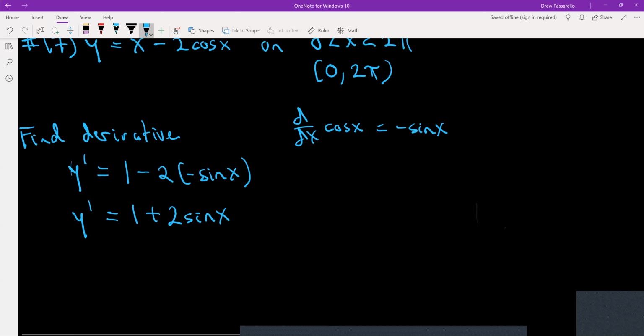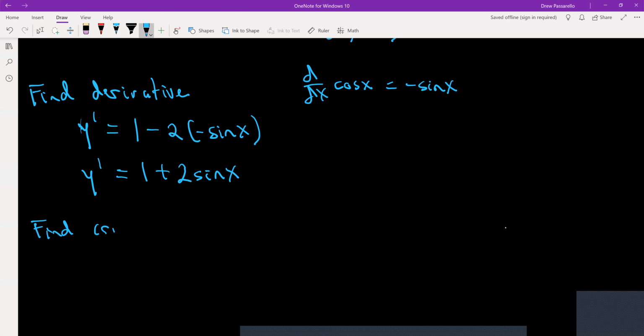Now we need to find the critical numbers. Now, the sine function is continuous and differentiable everywhere. So there are no cases in which its derivative is not going to exist. So we only focus on when its derivative is equal to 0.